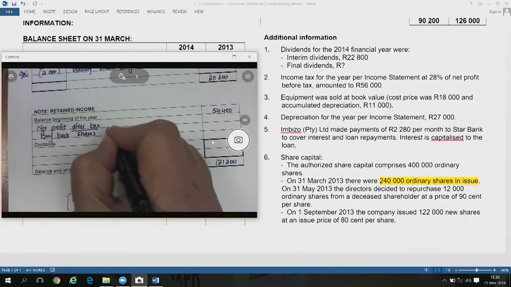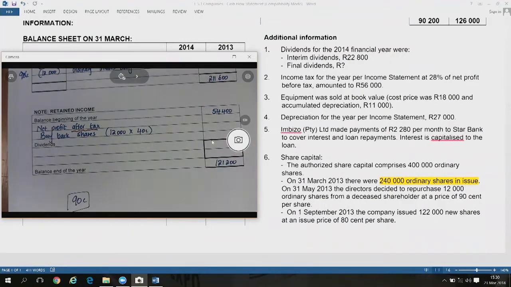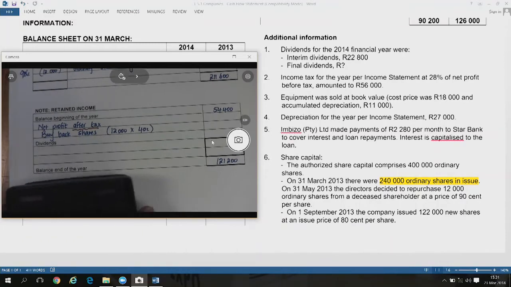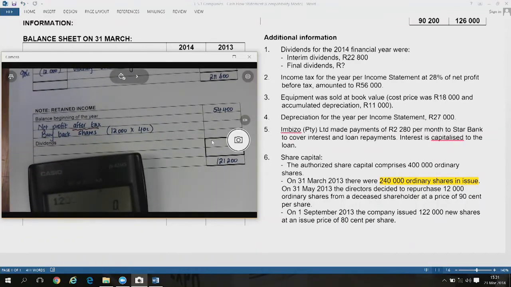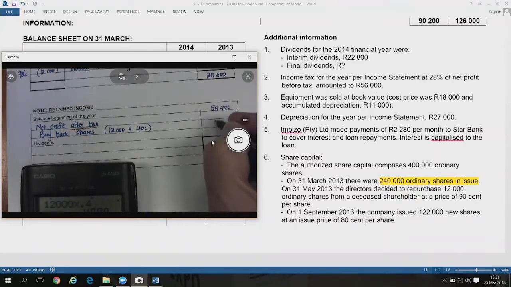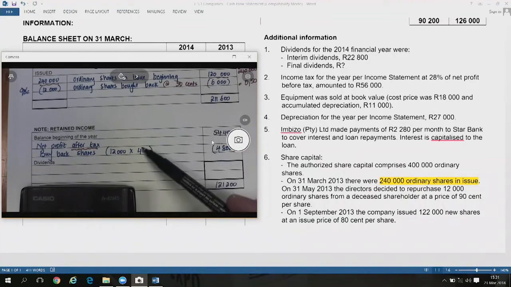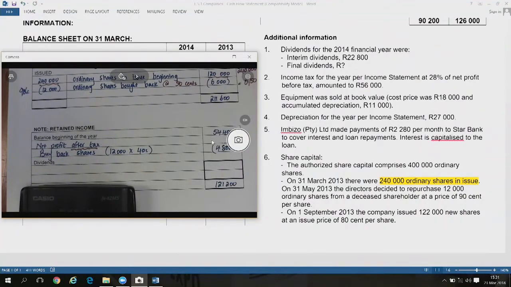We show the 12,000 shares times the 40 cents. That gives us 4,800 Rand. And that will be the buyback shares on this side in the retained income. So the 50 cents is on top, and there's the 40 cents for the 12,000 that we bought back.